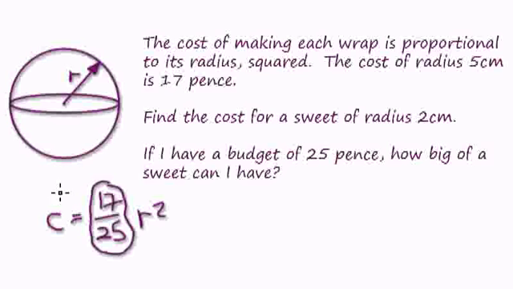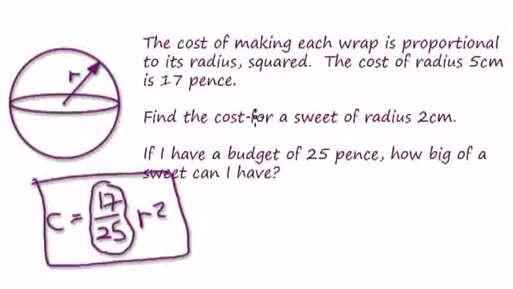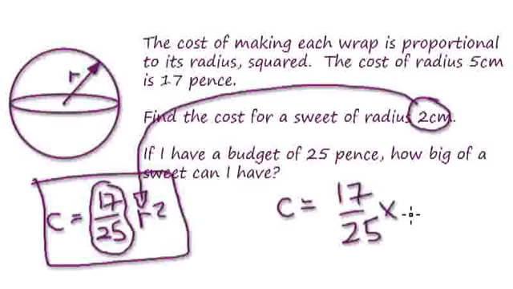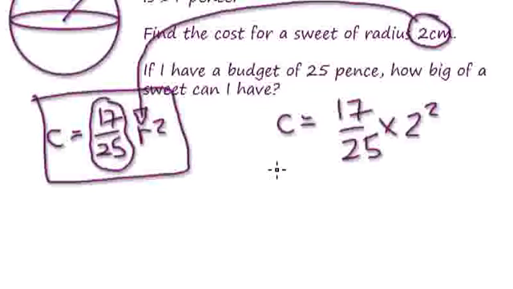We can use this equation to find the cost when the radius is 2. Put this 2 into the radius, so the cost equals 17 over 25 times 2 squared. This here is 4, so it's basically 4 times the top of the fraction.